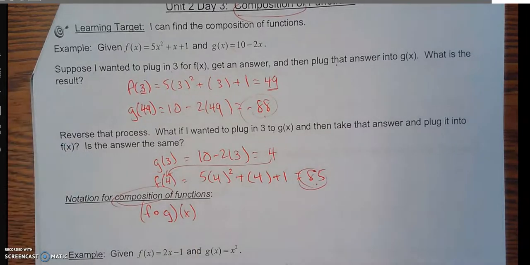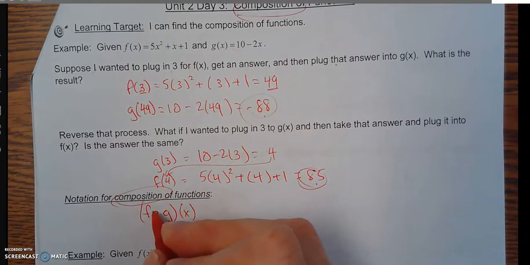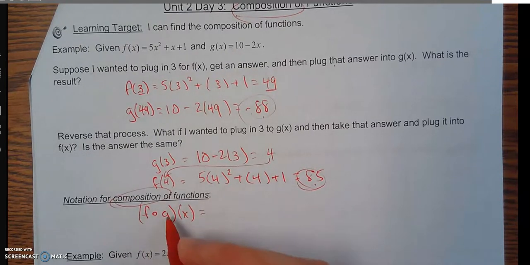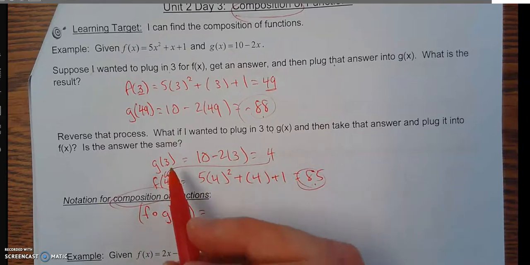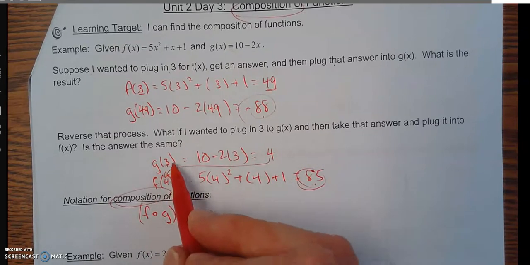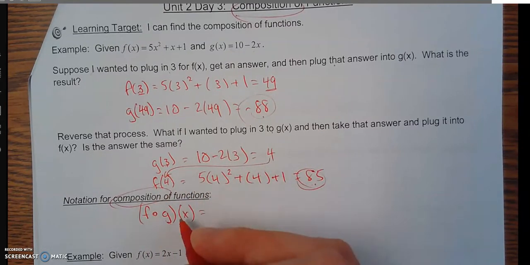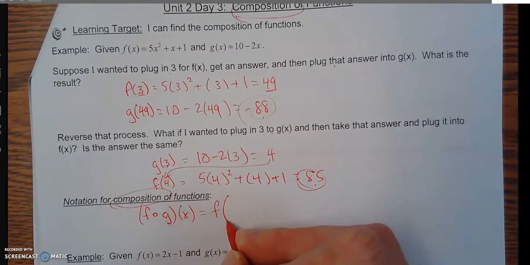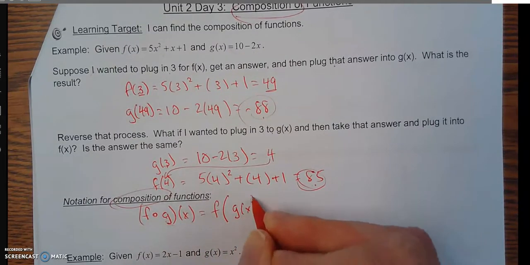A lot of people say that's f-o-g, but it's not the letter O, it's just an open circle. What this is really saying is I'm going to take the function g, whatever you get for g, and plug it into f. That's what I did here. I plugged a number into g, and I took that answer and plugged it into f. This is take x, plug it into g, then plug it into f. So it'd be f of g of x.